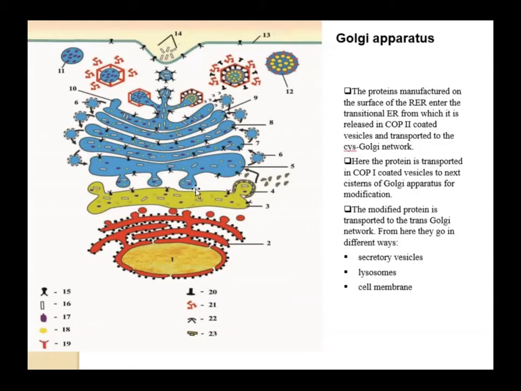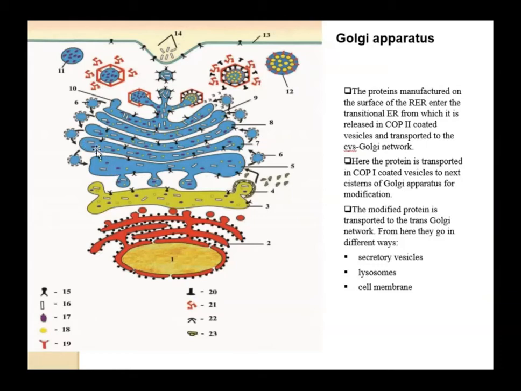First of all, here we have to mention the green colored cistern. It is actually part of the rough endoplasmic reticulum, but it is devoid of ribosomes. It is called transitional endoplasmic reticulum. After that, we can see the components of the Golgi apparatus. The first component is called the cis-Golgi network or proximal vesicular tubular network.